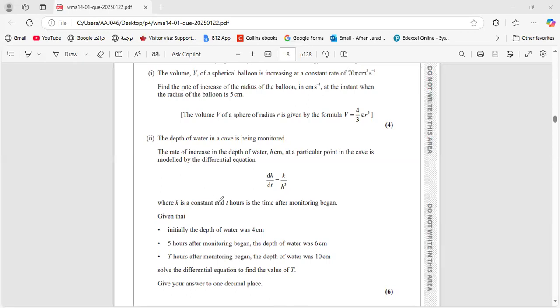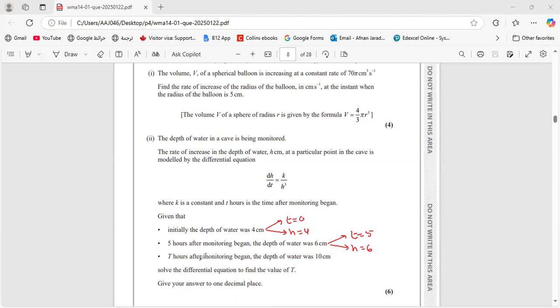At t hours, the time after monitoring began, given that initially the depth of water was 4 centimeters, so when t equals 0, h equals 4. 5 hours after monitoring began, the depth of water is 6, so when t equals 5, h equals 6.